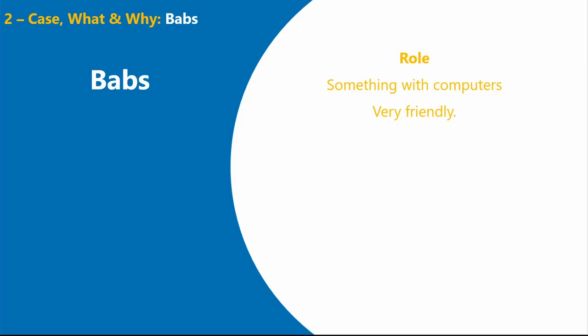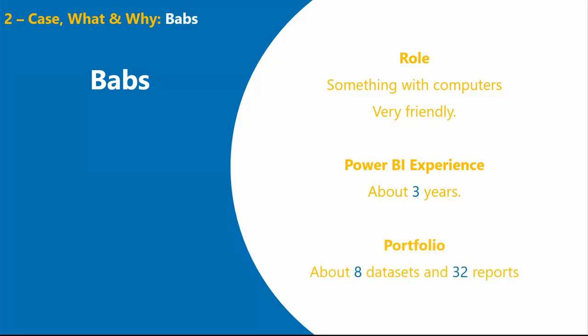And she's very friendly, which is always nice. She has about 3 years of Power BI experience, and well, that's 3 years more than you have at this point. And the portfolio consists of about 8 data sets around which some 32 reports have been built that she takes care of.